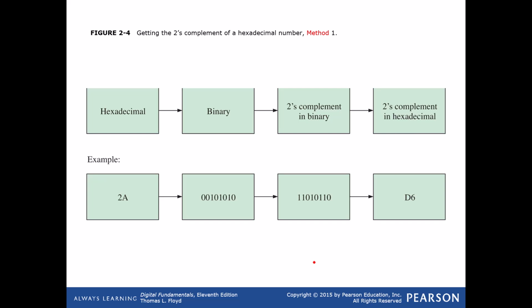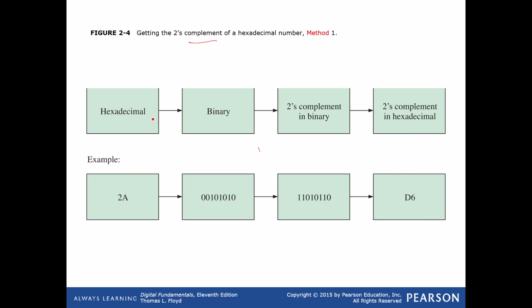Now we know how to get the negative for binary, given the fact that every hexadecimal digit can be represented using four binary digits. If somebody asks us to get the 2's complement of some hexadecimal number, then the process should be easy.